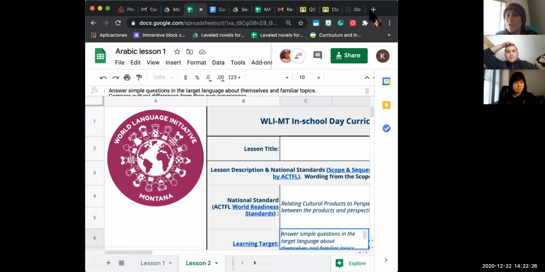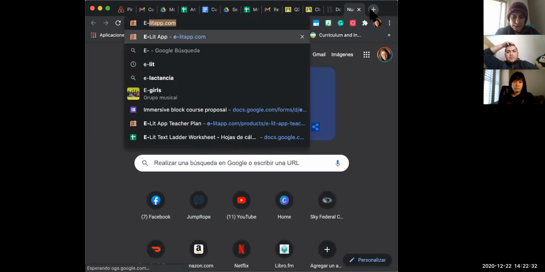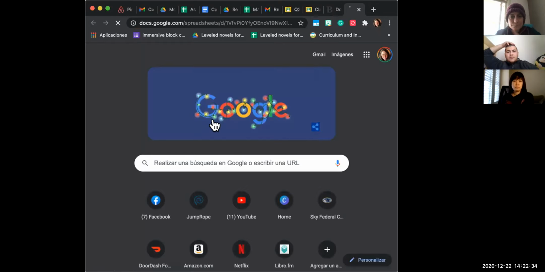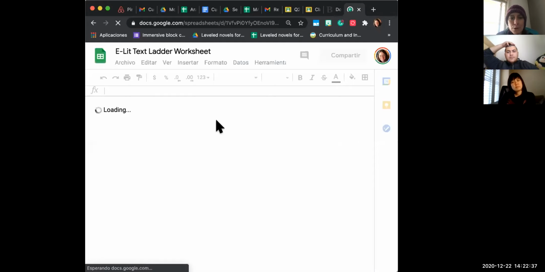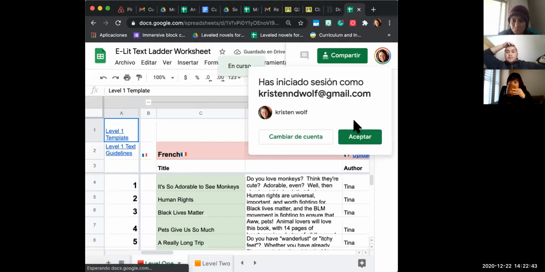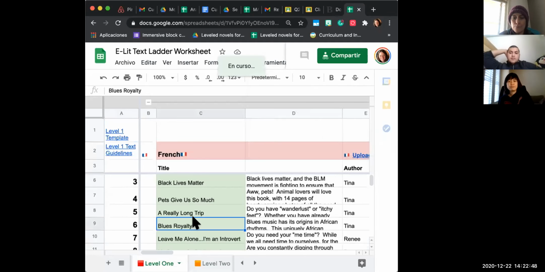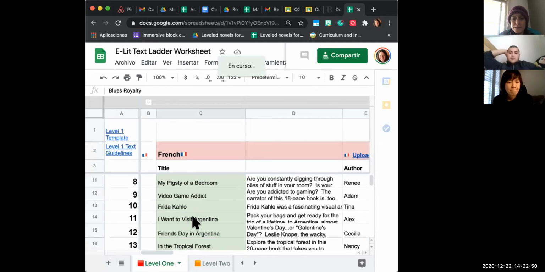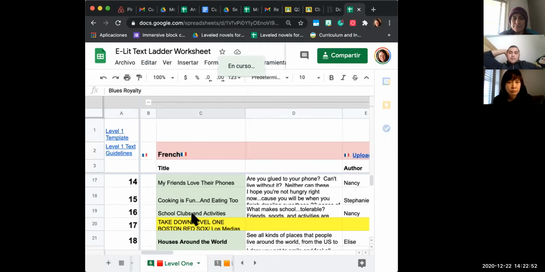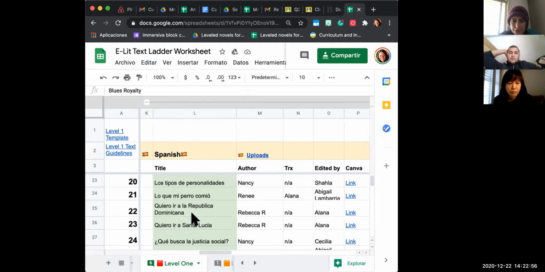If I want to talk about the culture or a place, I recently made a book for students, and it was all about a place in Mexico. In Mexico, I picked the state of Oaxaca, which is one of the 35 states in Mexico. And if I can find it, oh, this is French. Where's Spanish?